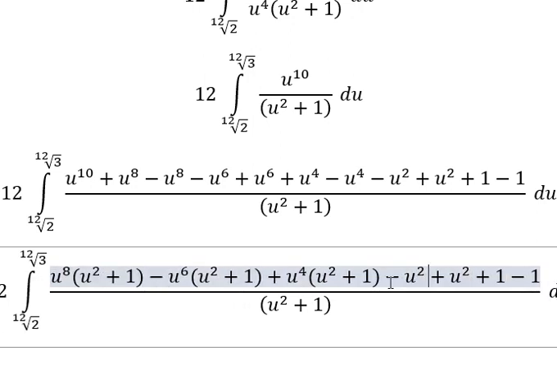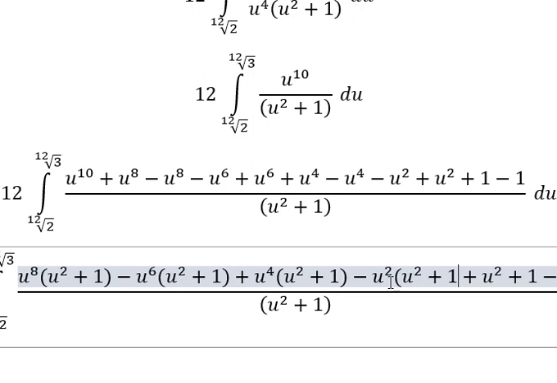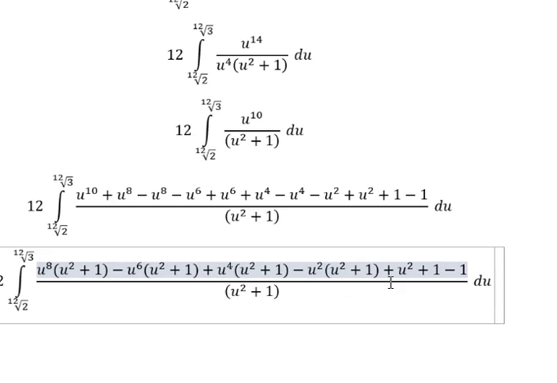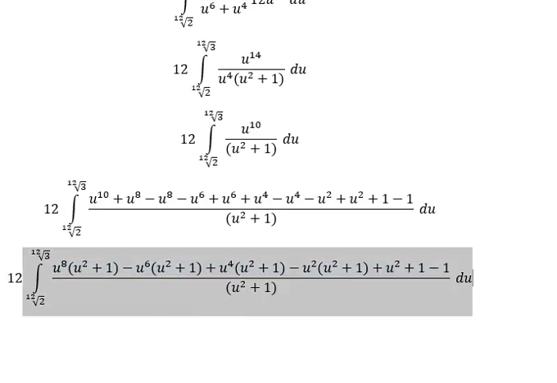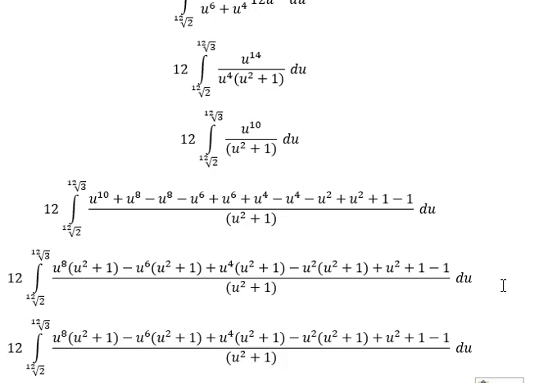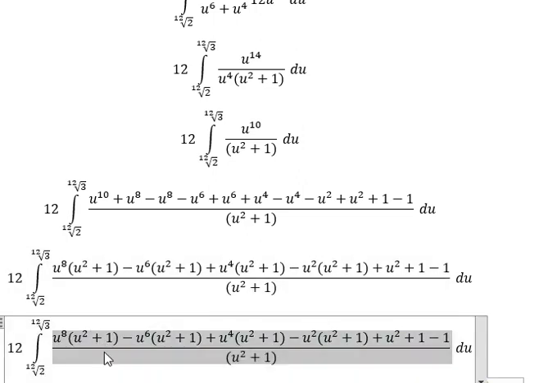Negative u squared. Now after we have this one, we divide by u squared plus 1, and we have like this.